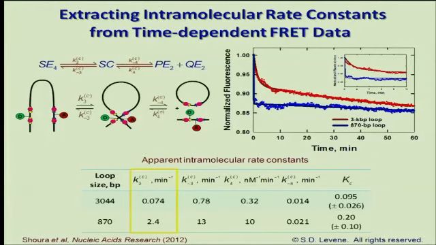However, the rate constant that takes you out of this intermediate state is essentially independent of loop size. So this is where you can actually pick up the effect of a DNA loop on the rate of the reaction.